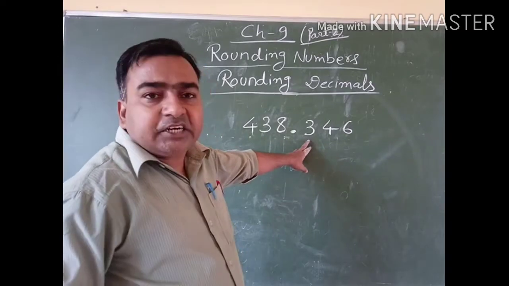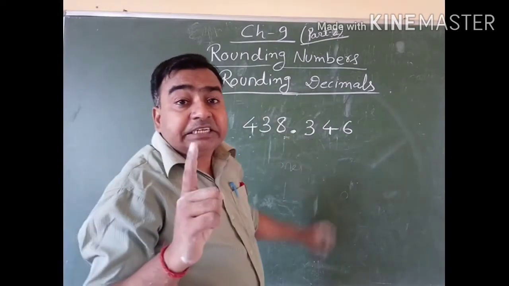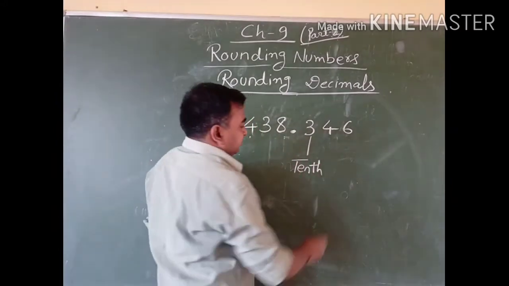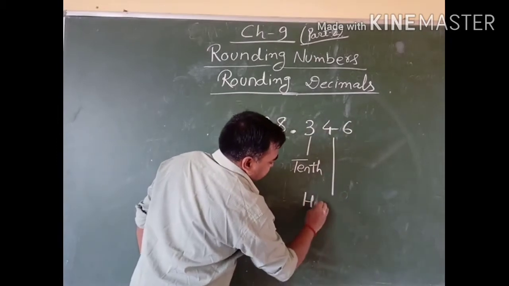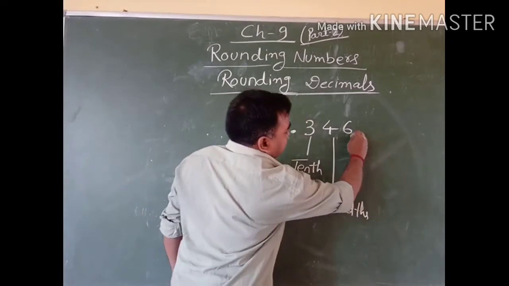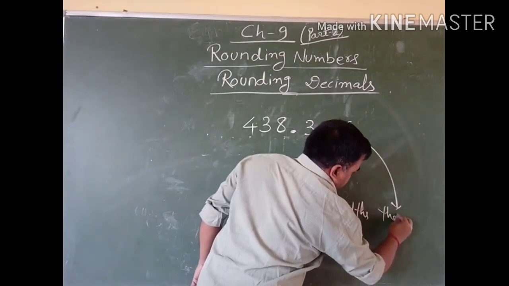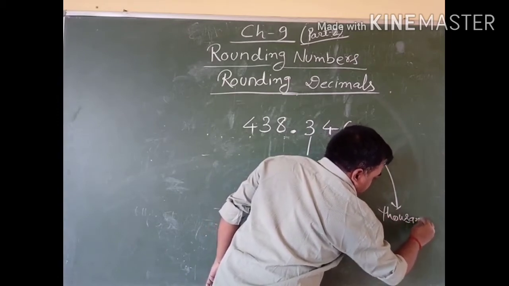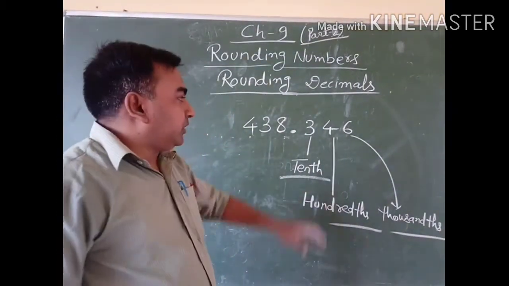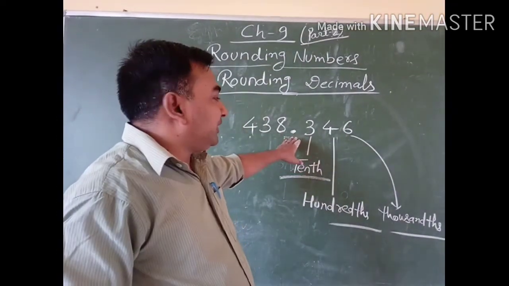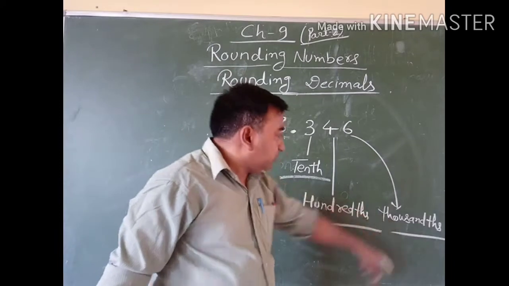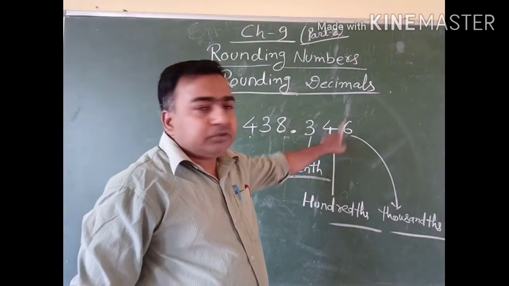When we start the counting of decimal places, we start with tenths, T-E-N-T-H, then hundredths, and thousandths. The first decimal place starts with tenths, not ones.